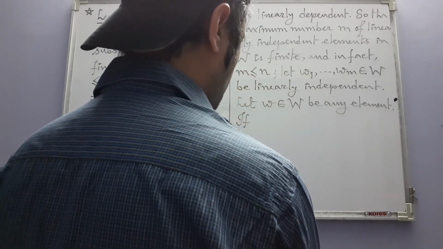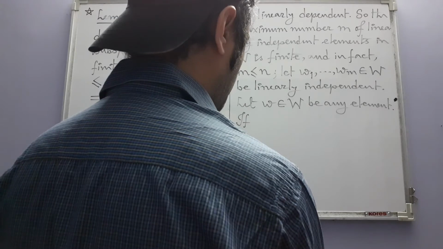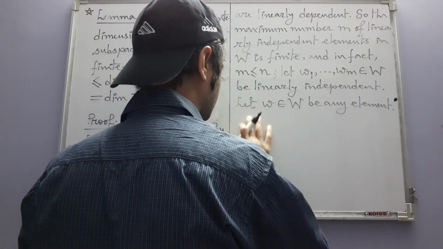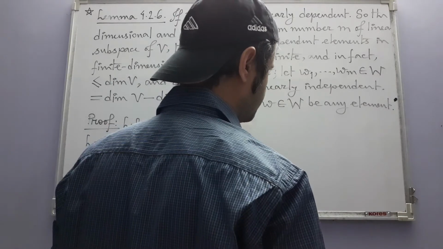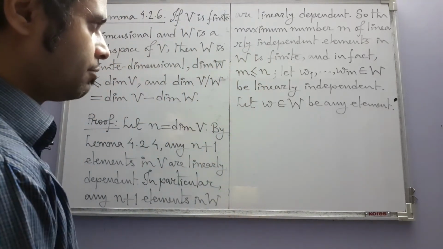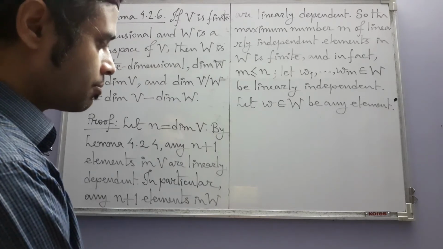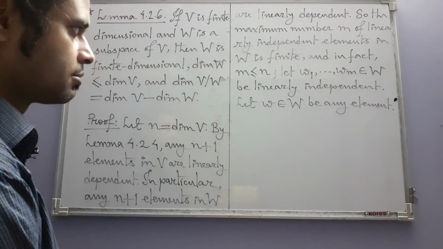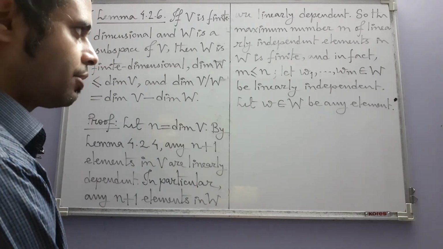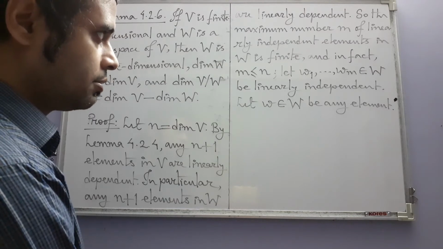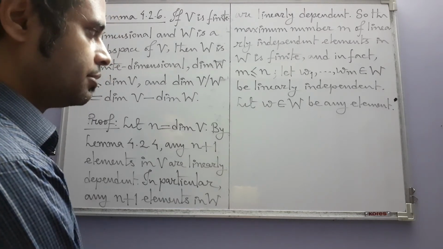Now what I want to do is consider this w along with these wi's, but that will not necessarily give me m plus 1 elements, will it?